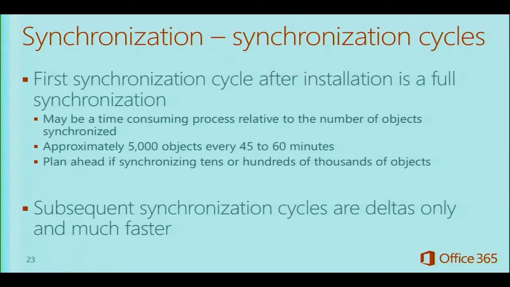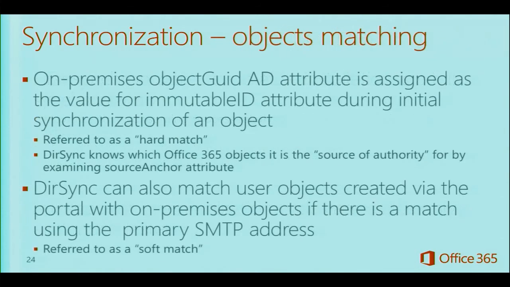So you'll uncheck that box because you'll need to create the filters first, and then you'll manually do the initial sync after that. And then after that first full sync, every single subsequent sync is what we would call a delta sync. In other words, only the changes that have been made in your directory will get synced. So it's a much, much faster process. But again, it's still going to take time for replication to occur within the cloud structure itself.